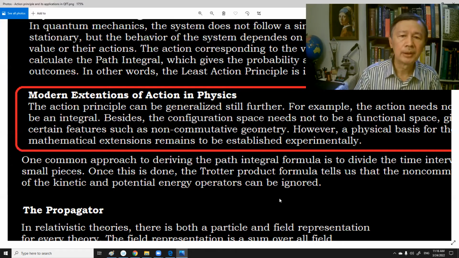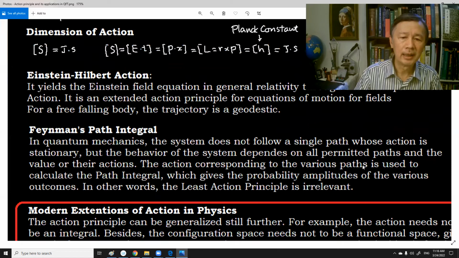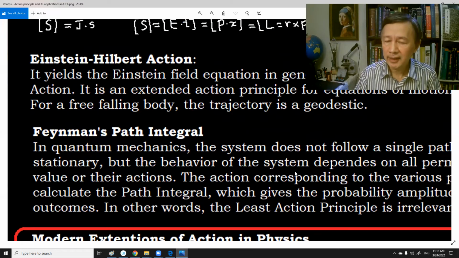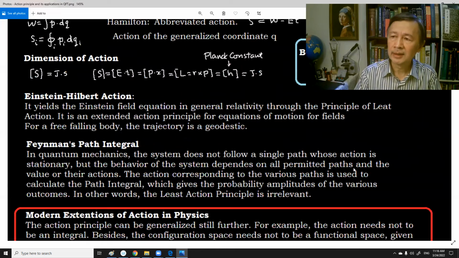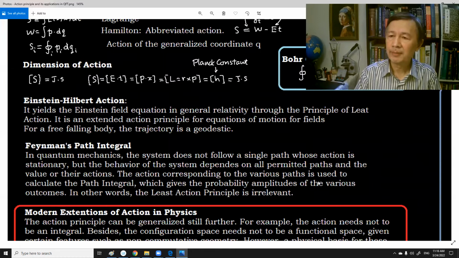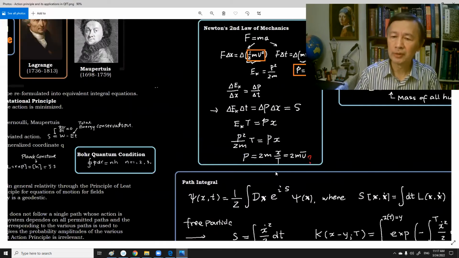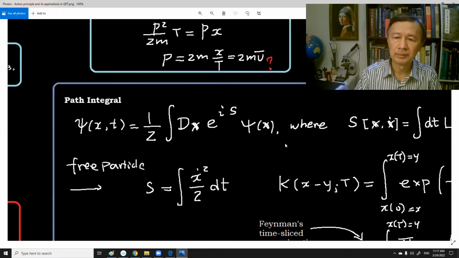Perhaps I will also mention Richard Feynman's path integral in the context of quantum field theory. Feynman proposed that action in classical physics can be rewritten as, considered equivalent to, the so-called path integral.